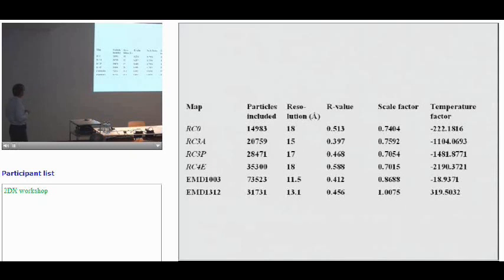So this seems to make sense, and I also put in here two structures which have been deposited in the data bank. These are two ribosome structures from the Frank group, and these are at slightly higher resolution. So this is Fourier shell correlation 0.5, so maybe they are a little bit better also, as suggested by Richard Henderson on Wednesday. These give R values in the same range, and scale factors which are closer to 1.